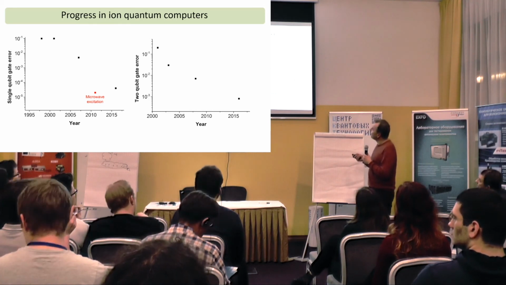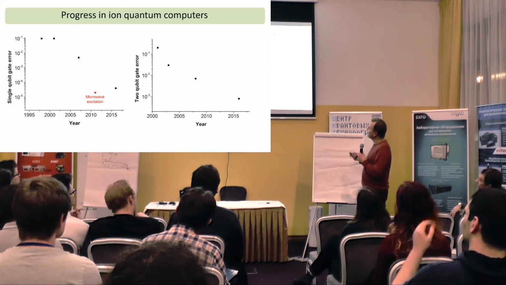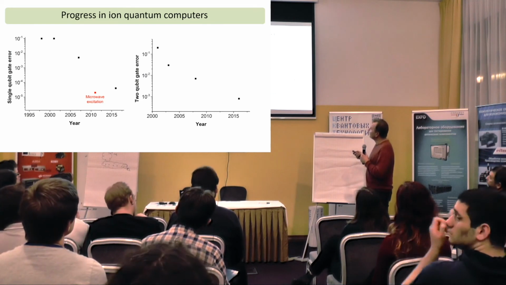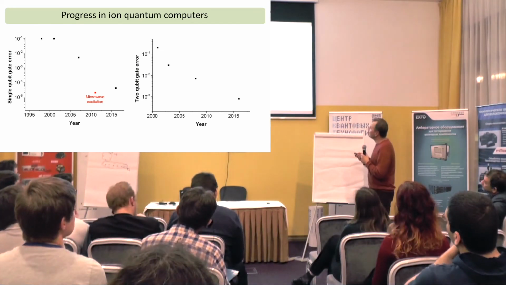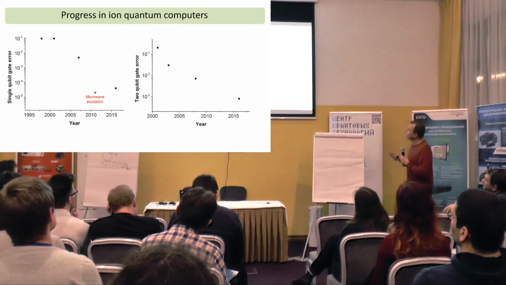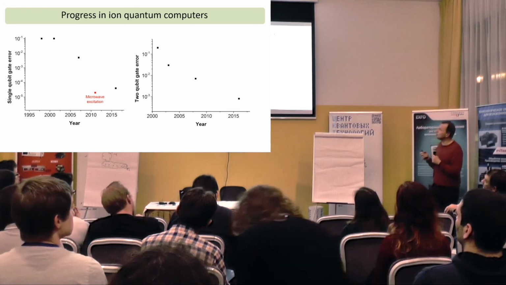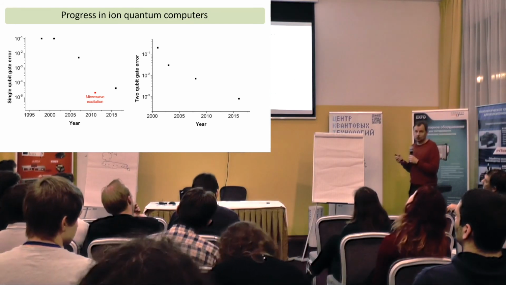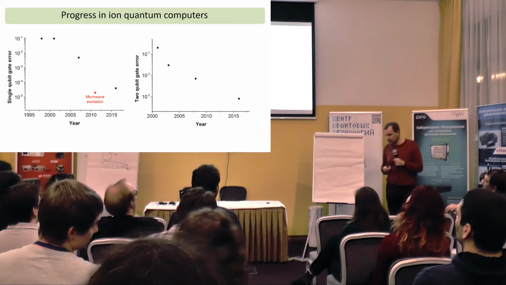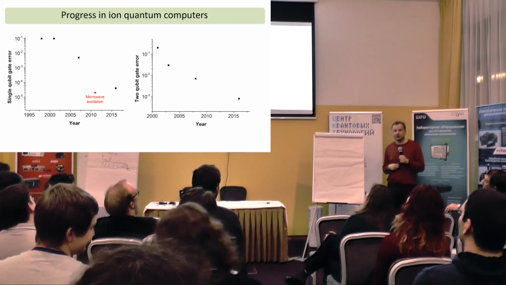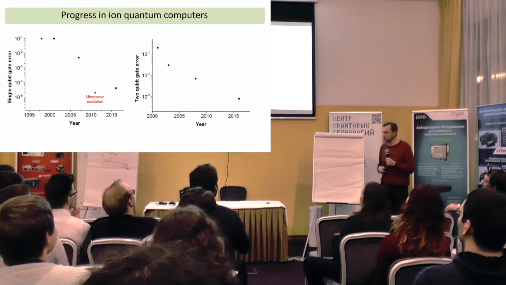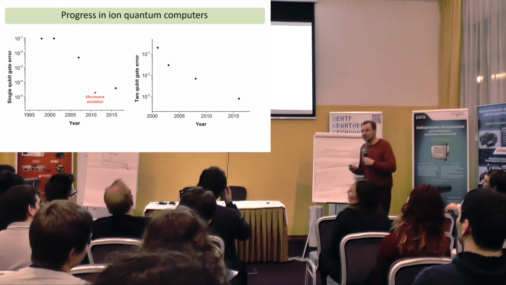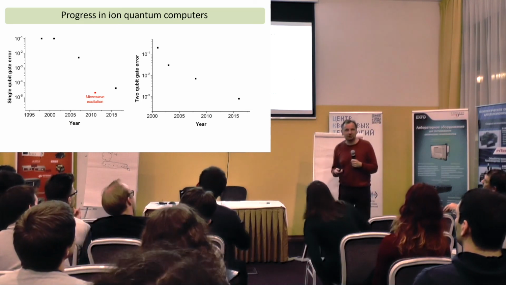If we talk about progress in ion computers over the last years, we see that the 1 qubit gate error reaches about 10 to the minus 4, which is good. Of course, it's the best average result, as we say as experimentalists, but if it's the best result, in some sense it can be reproduced.